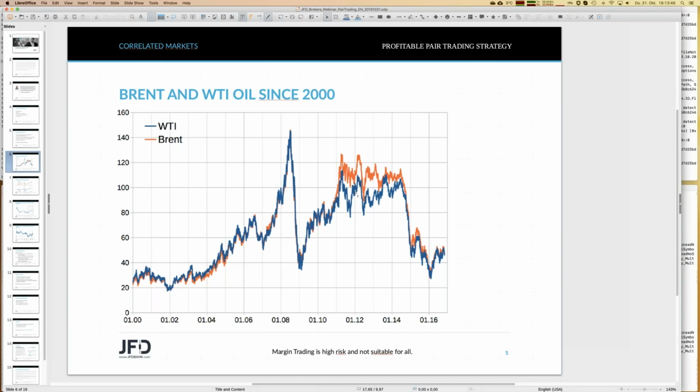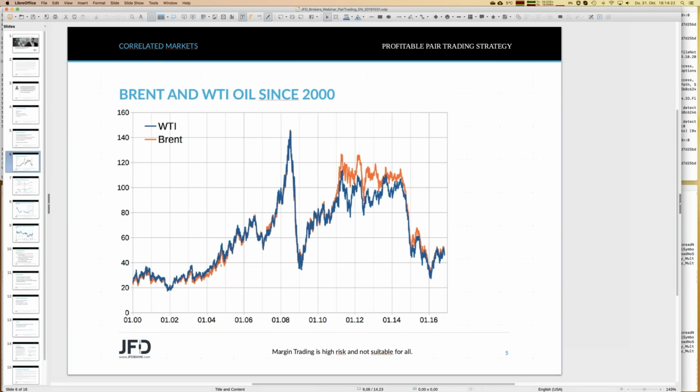There was one period here for 3 years where you see more or less there's an offset between the two, and later that offset has totally recovered. So that would be an inefficiency on a real long term, but that's not the one we are heading for. Let's first start with the overall. What we can see definitely is the price of the two oils are more or less the same.